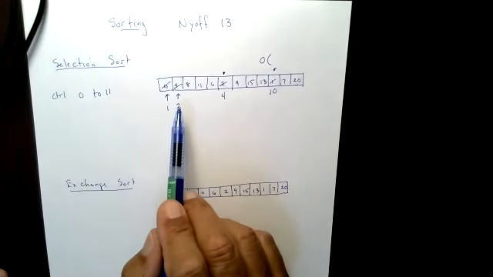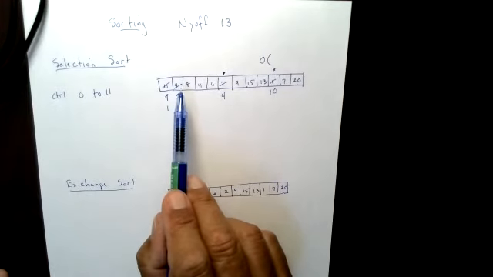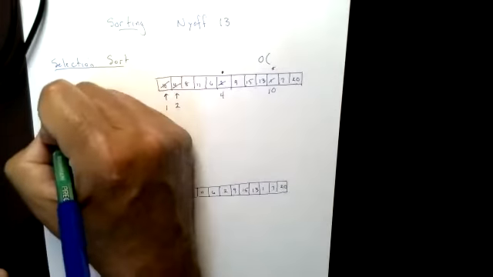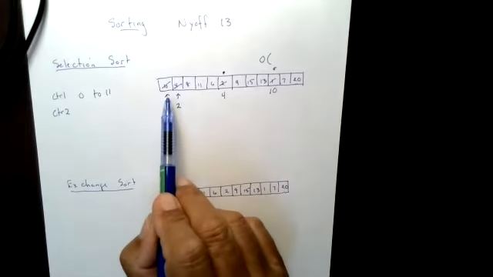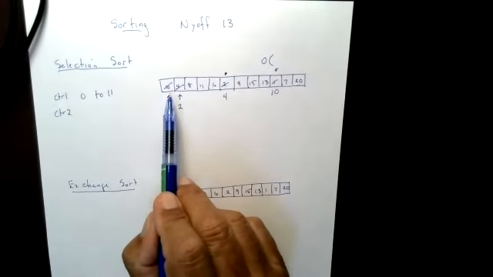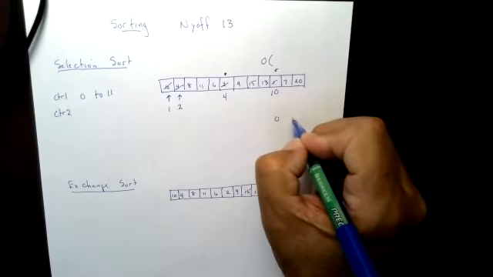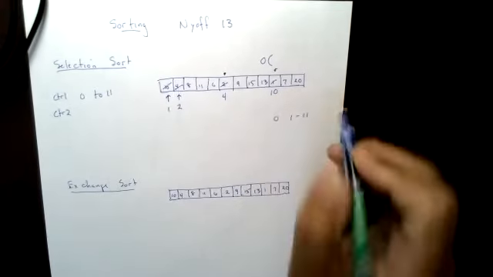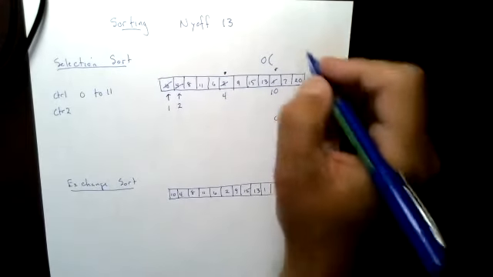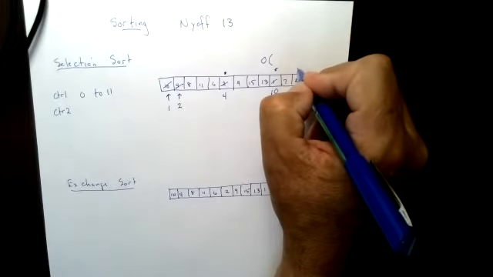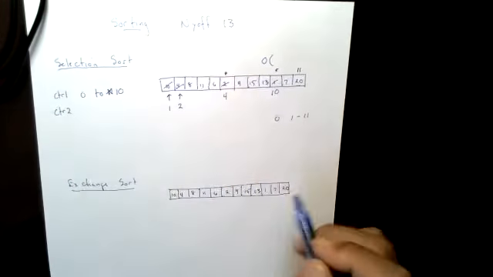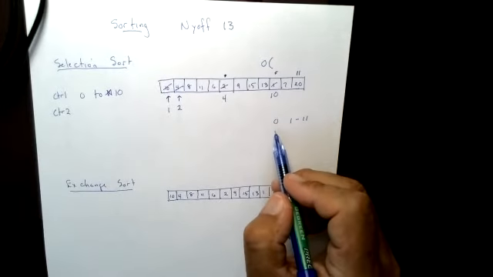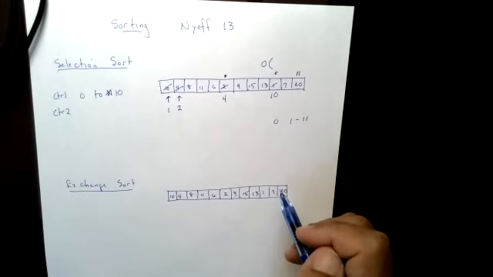When the outer loop started at 0, I looked at 1 to 11.